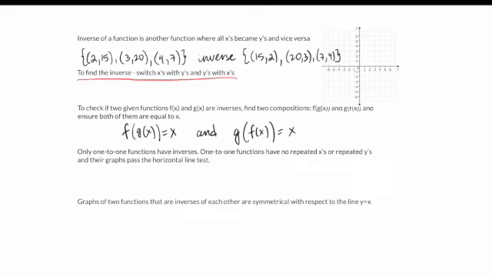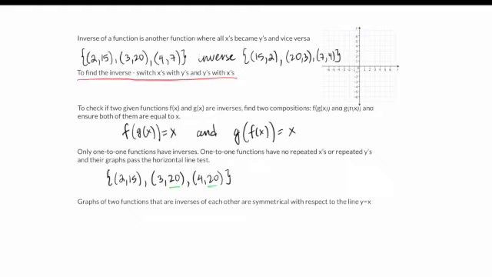Well, let's look at a function that will not be one-to-one. Let's say I have (2, 15), (3, 20), (4, 20). While all the x's are different, and this is a function, this function is not one-to-one because the y's are repeated. The reason is the following.